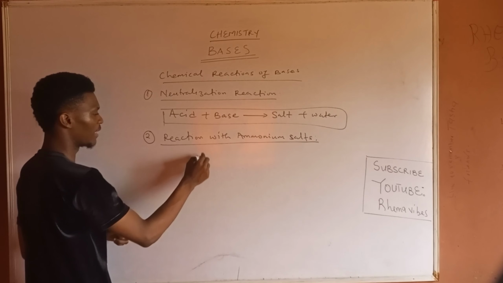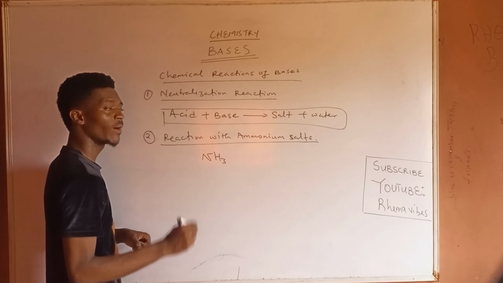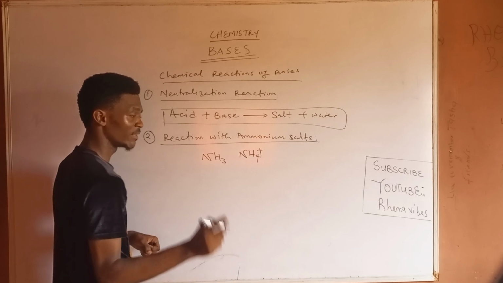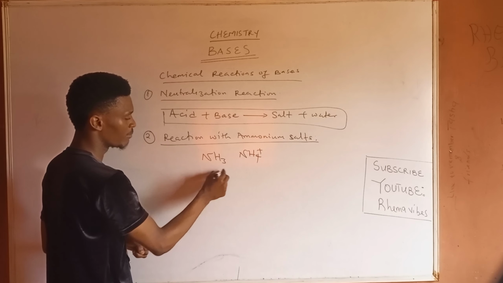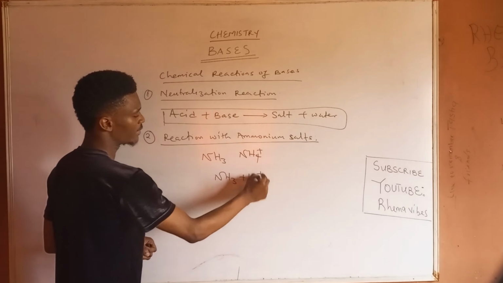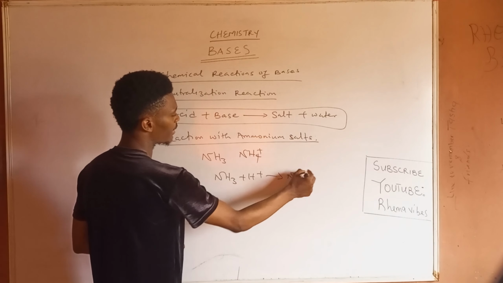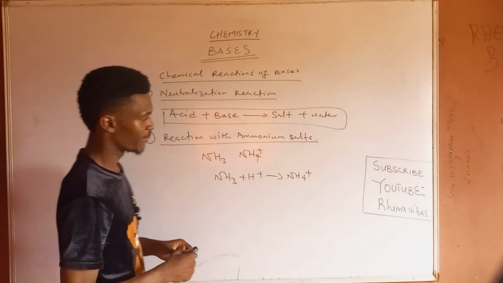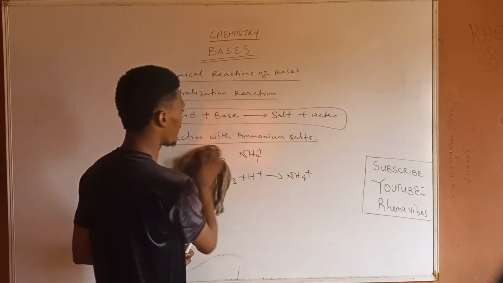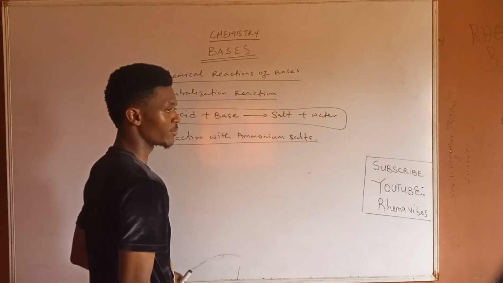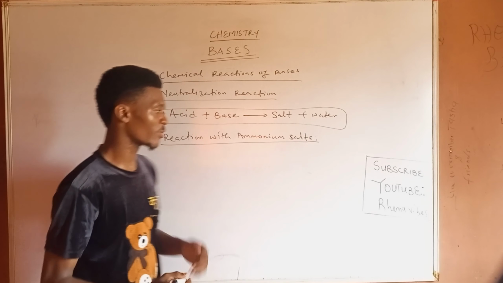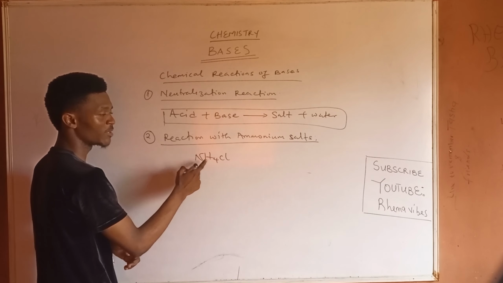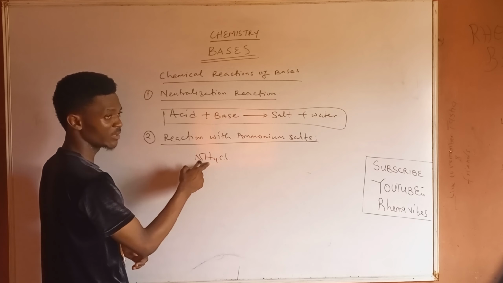Now, ammonia has a formula NH3, while ammonium has a formula NH4, but usually with plus, indicating that when ammonia combines with hydrogen ion, it gives what? Ammonium ion. So ammonium is NH4, while ammonia is NH3. And when we talk about ammonium salts, we are simply referring to salt compounds of ammonium, talking about NH4Cl. This is a salt compound of ammonium. This is called ammonium chloride, which is even a solid that sublimes.